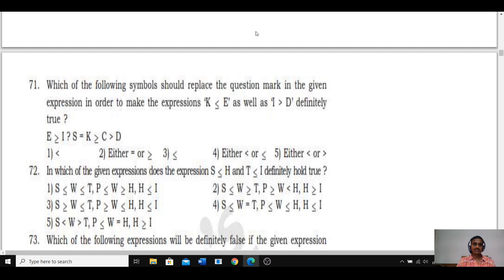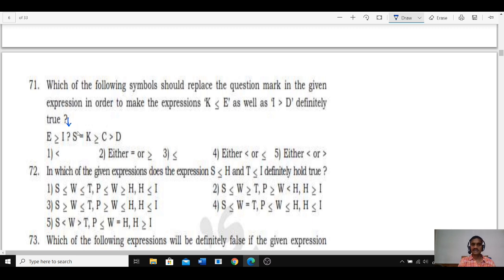Which of the following symbols should replace the question mark in the expression in order to make k lesser than or equals to e? Definitely true. I greater than d, definitely true. I నుంచి d కి మనకి greater than d ఉండాలి. ఇక్కడ మనకి ఈక్వల్ ఉన్నా, greater than ఉన్నా, greater than or equals to, you will definitely get I greater than d. Isn't it? ఇక్కడ ఏ సింబల్ ఉండాలి చెప్పండి.